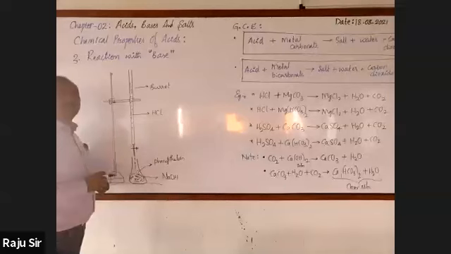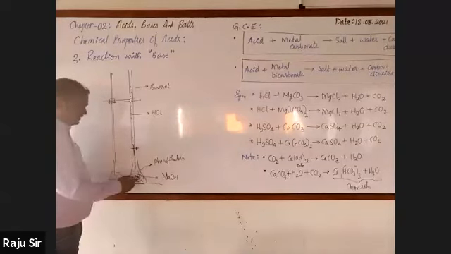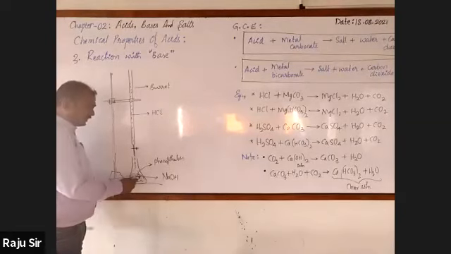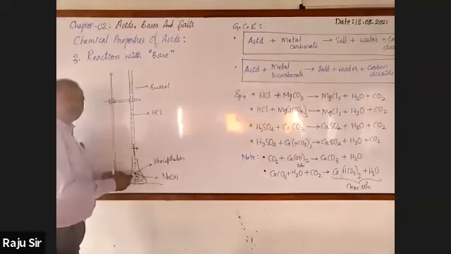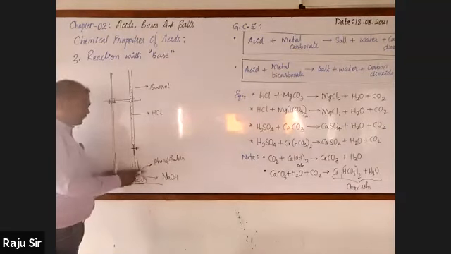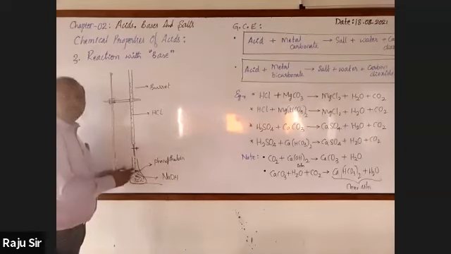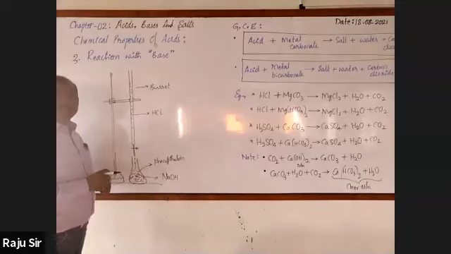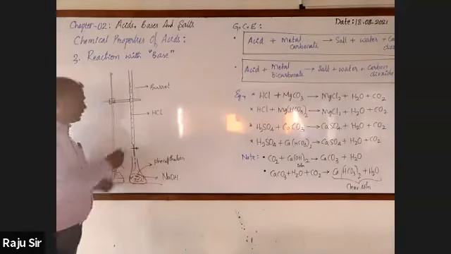What will be your observation? The pink color starts disappearing. First it is a little dark, then it becomes lighter, then fainter, and finally it disappears.